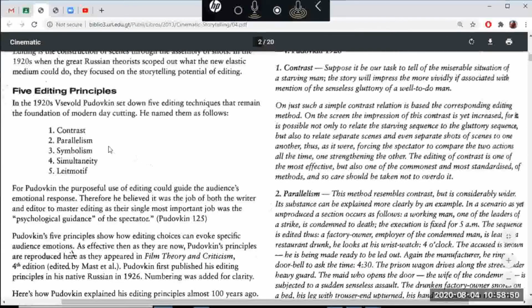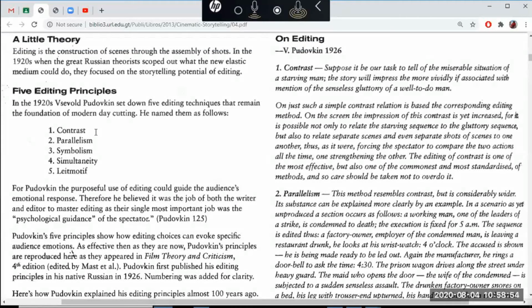They are contrast, and I think we just noticed what contrast means in terms of images. We could see happiness and sadness in the same scene. We could see life and death in the same scene.